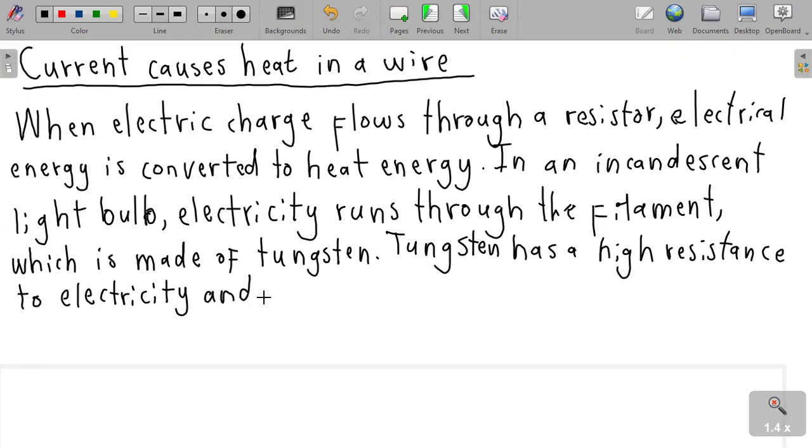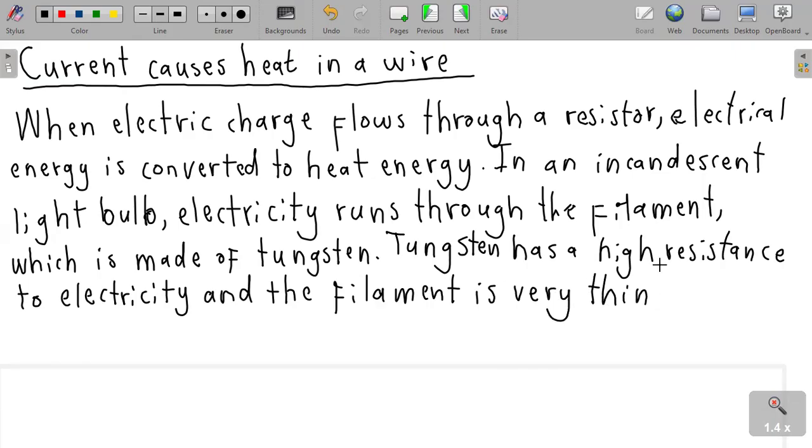And the filament is very thin. So it has high resistance to electricity, and the filament is very thin, so that it offers even more resistance.